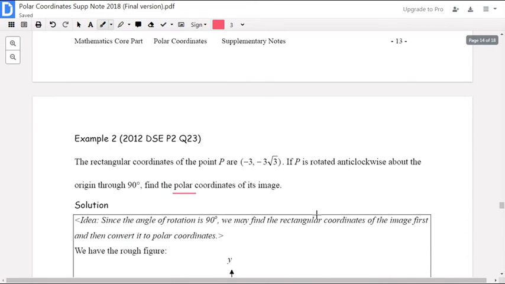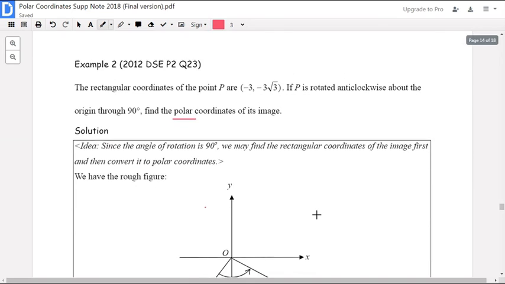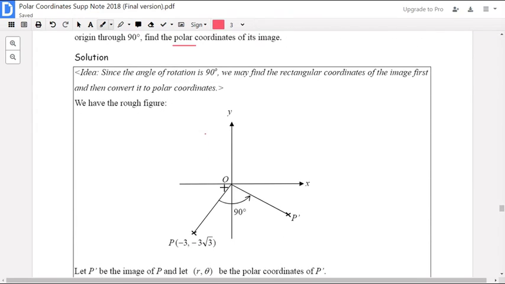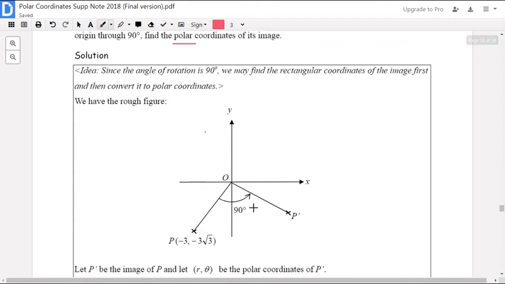All right. We should draw a rough figure first. This is point P, (-3, -3 root 3), which lies in the third quadrant. And it is rotated about the origin in the anti-clockwise direction by 90 degrees.